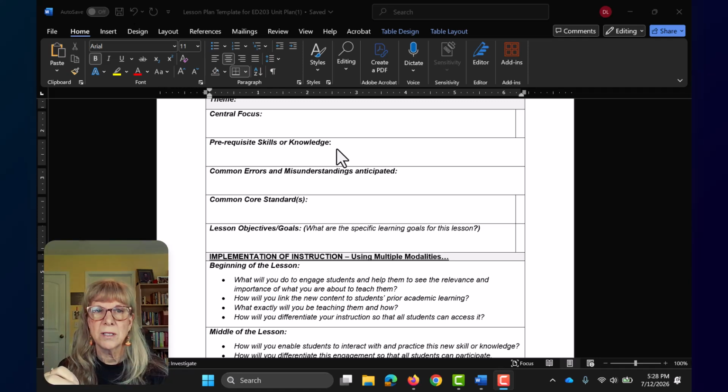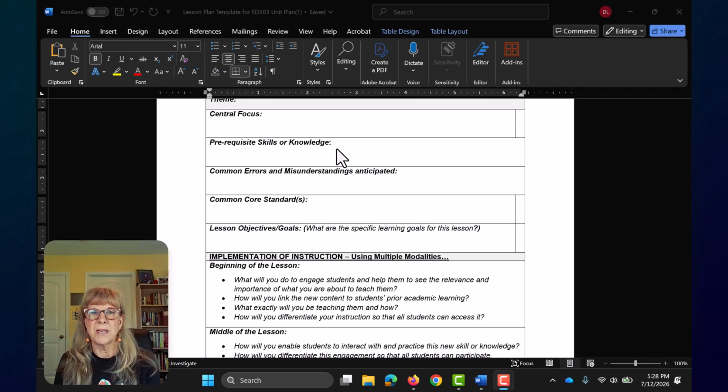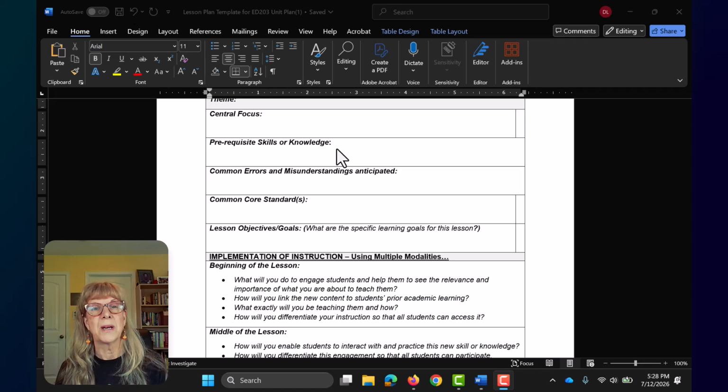Like when you were learning long division, what was trickiest for you? And so put that in as common errors and misunderstandings. You could even look it up and ask the AI what are some common errors and misunderstandings that students have when they're learning how to add fractions or whatever. Prerequisite skills is really kind of the main things that they need to know before they can really access this lesson. And so you could just think about what they have learned in the grade level beforehand that would apply here.